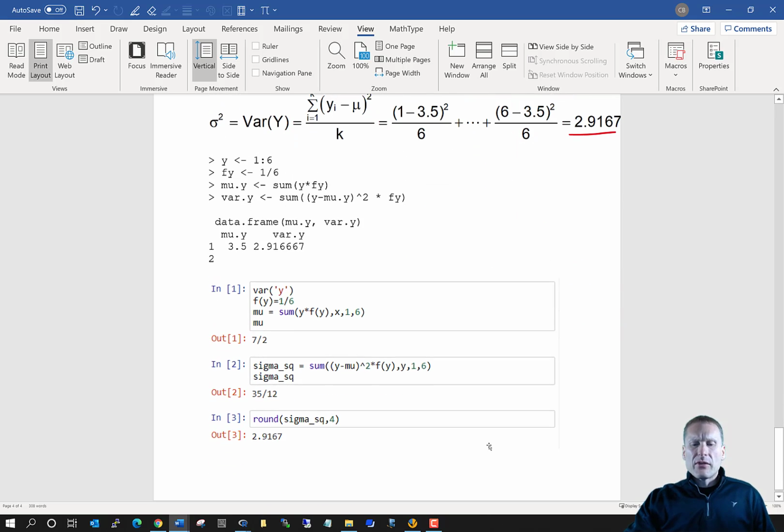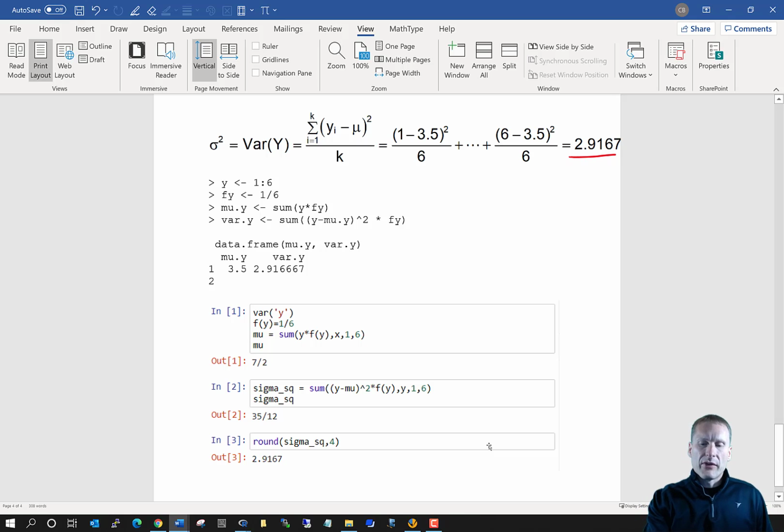Well, how can we do some of these calculations in R? Real simply, we create a vector y that has the values of 1 through 6 in it. We create an object called fy that represents f of y, which is 1/6. Define the mean: I take all my y's times the corresponding 1/6, and I sum them all up.